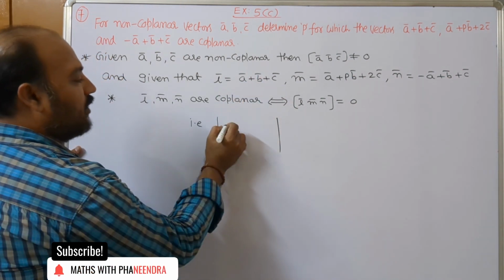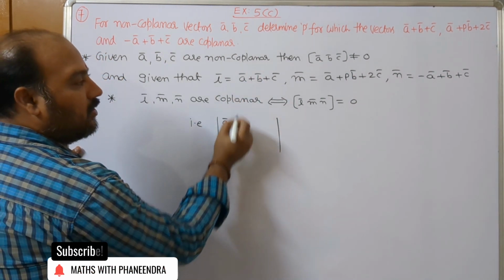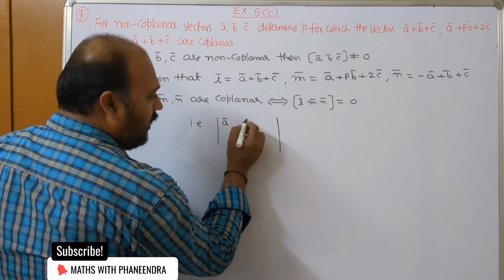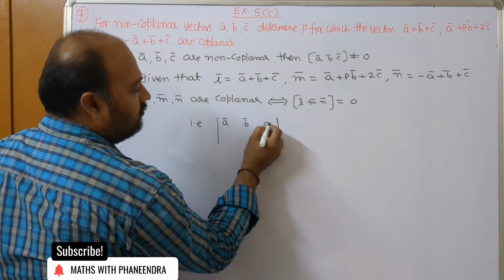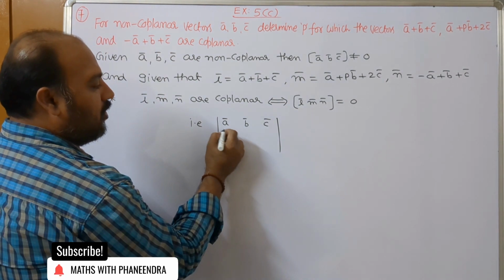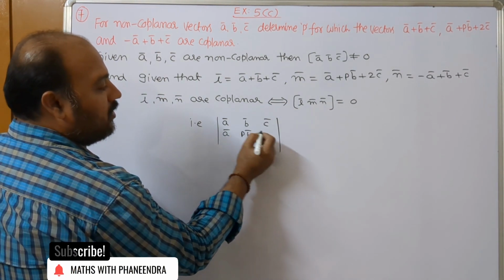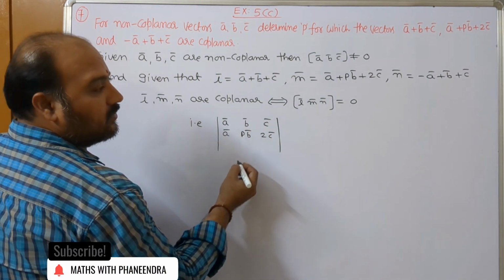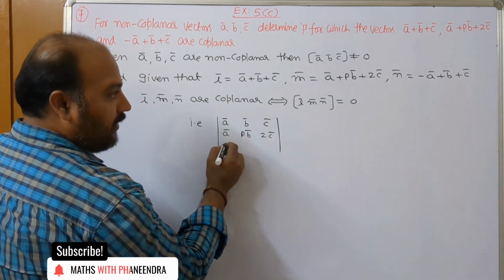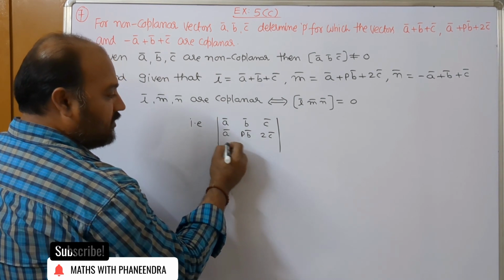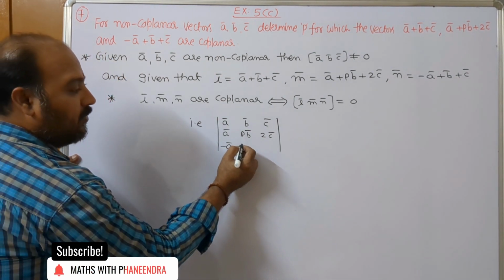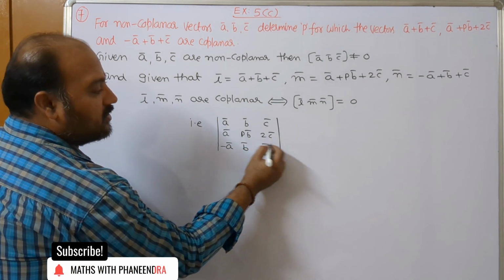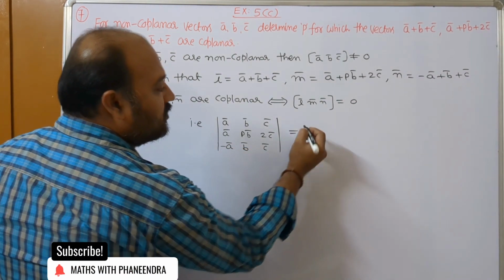First these vectors you write it here. a bar, b bar and c bar. a bar, p b bar and 2c bar. Next n bar, minus a bar plus b bar plus c bar. Means the values only I am writing, is equal to 0.